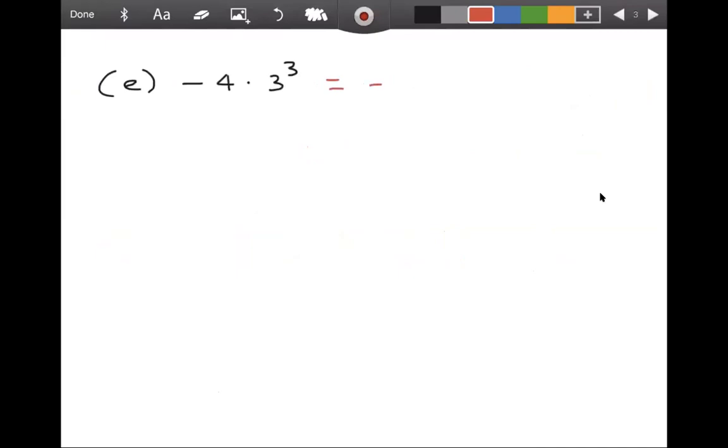So what I would do with that is maybe write it like this, or you can just even figure out what is 3 cubed. 3 cubed is 27. And -4 times 27 is -108.